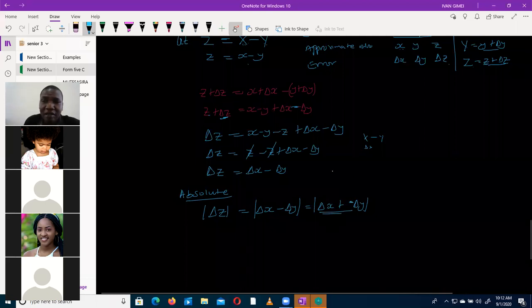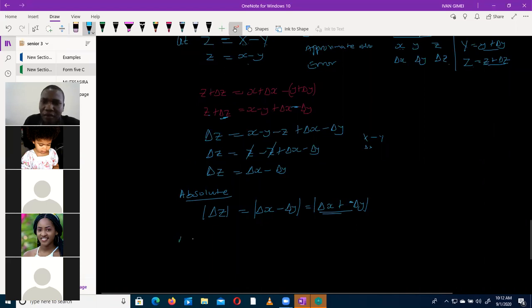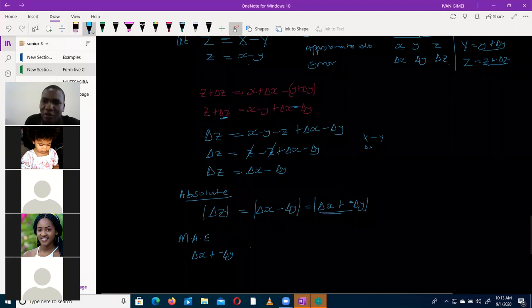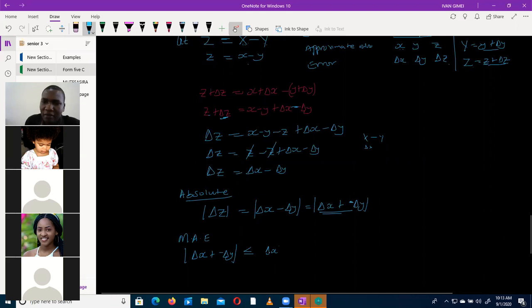But in the previous derivation, when you're looking for the maximum absolute error, we said that the modulus of error in x plus negative error in y is less or equal to the error in x plus the error in y.